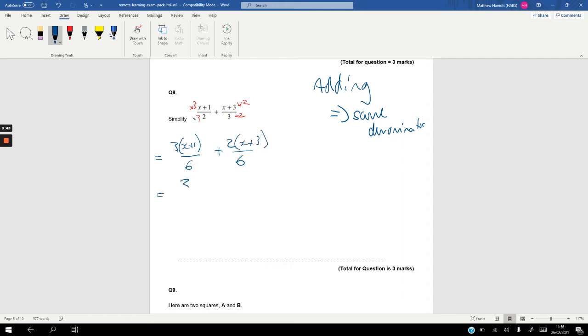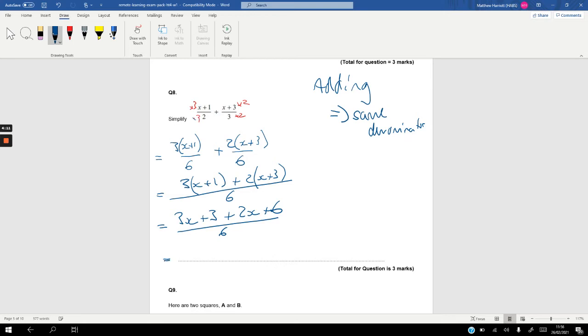I can now write this as one big fraction, and now I want to start simplifying the top. I need to expand and simplify. 3 lots of x is 3x. 3 lots of 1 is 3. 2 lots of x is 2x. 2 times 3 is 6, and all of that is over 6.